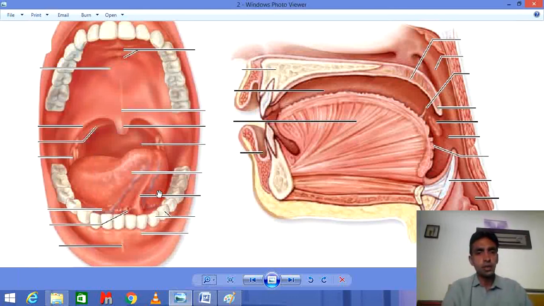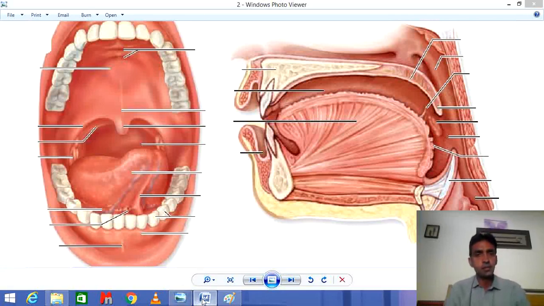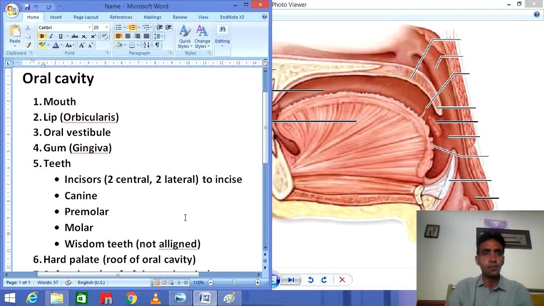After this one, you can also see this area below the tongue. There is a layer structure. This is called the frenulum.